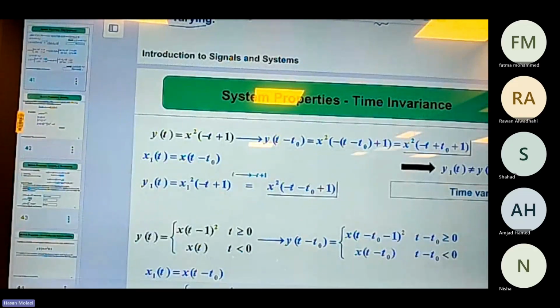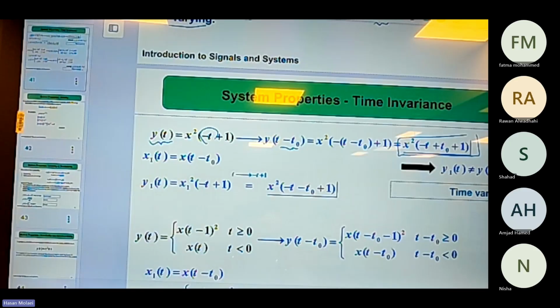This one, we have time reversal. Probably it should be time variant, but let's check. If I apply x(t), I need to change all t to t minus t0, so this would be the result.